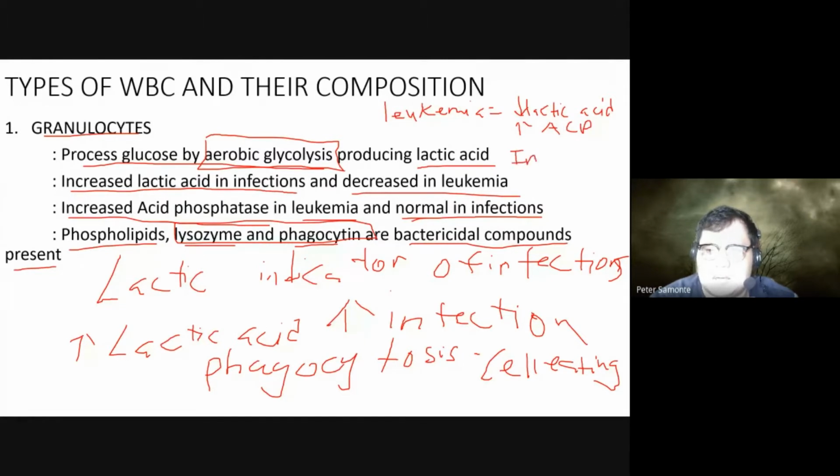Kapag naman meron kayong infection, you have increased lactic acid while you have normal ACP. Again, in leukemia, you have decreased lactic acid and decreased ACP. In infection, you have increased lactic acid and normal ACP.